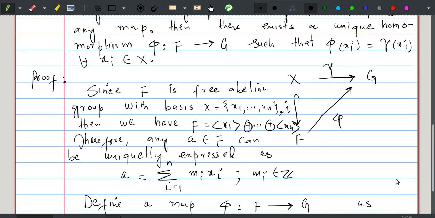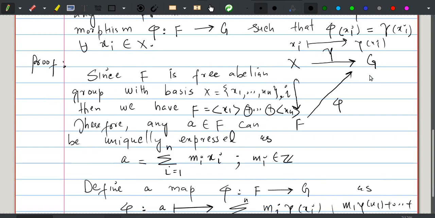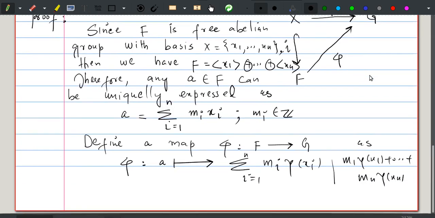Now xi is mapped to gamma of xi, so these gamma of xi's are in G. Now G being an abelian group, m1 gamma of x1 is in G, m2 gamma of x2 is in G, similarly mn gamma of xn is in G, so their sum will be in G. So this element is an element of G.